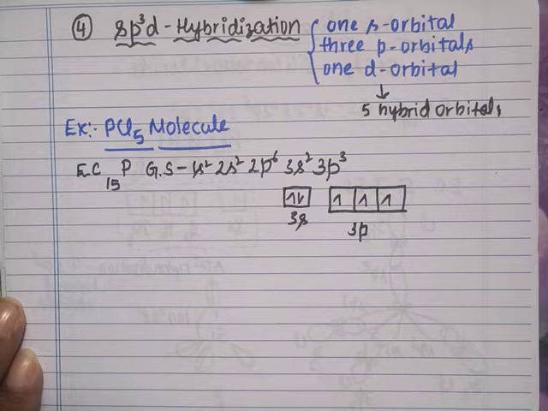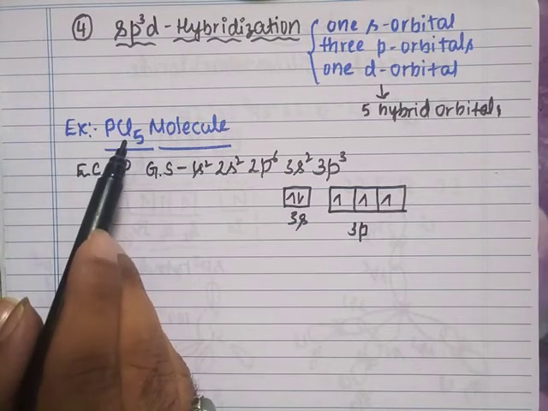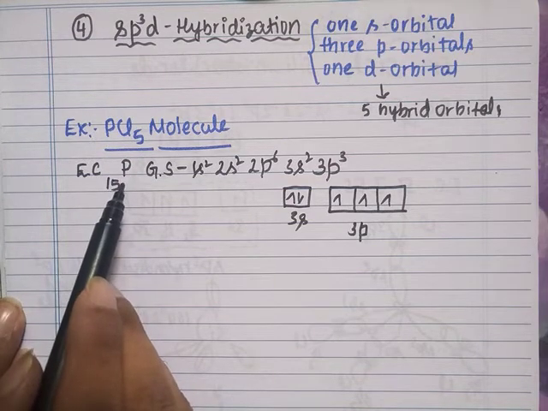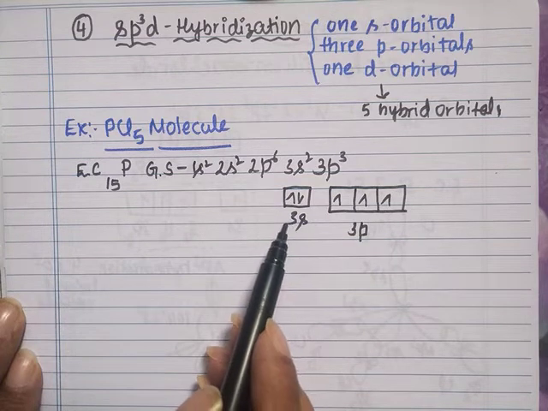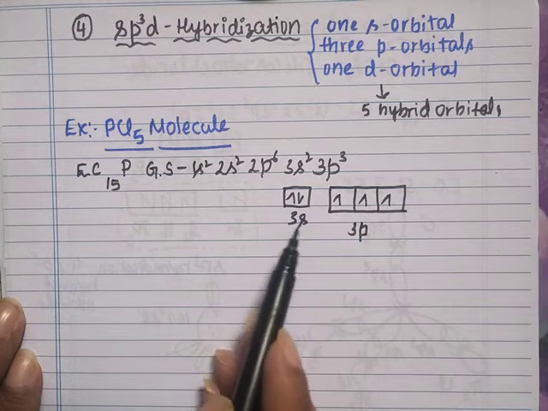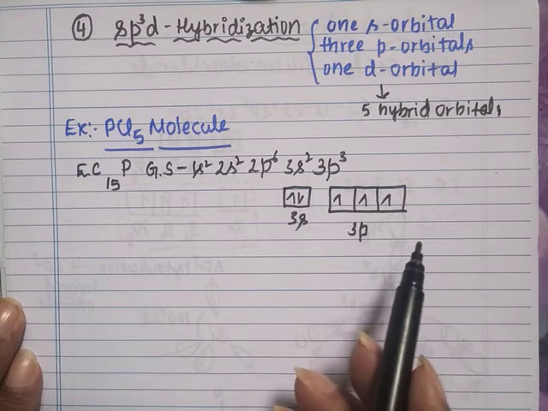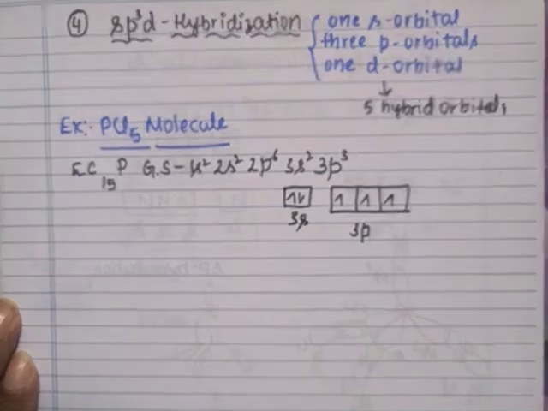Okay, so when the chlorine atoms approach the phosphorus atom, an electron from the lower energy 3s orbital will be promoted to the vacant 3d orbital.